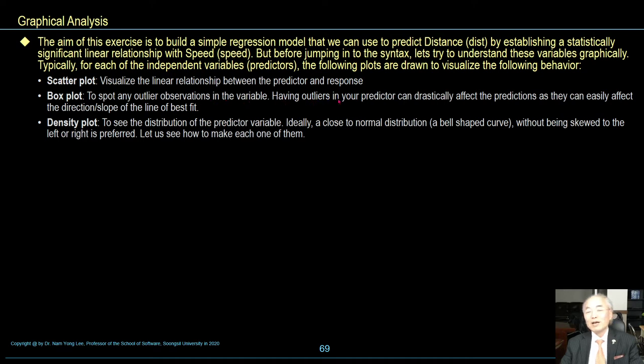Having outliers in your predictor can drastically affect the predictions, as they can easily affect the direction and slope of the line of best fit. Density plot is to see the distribution of the predictor variable.